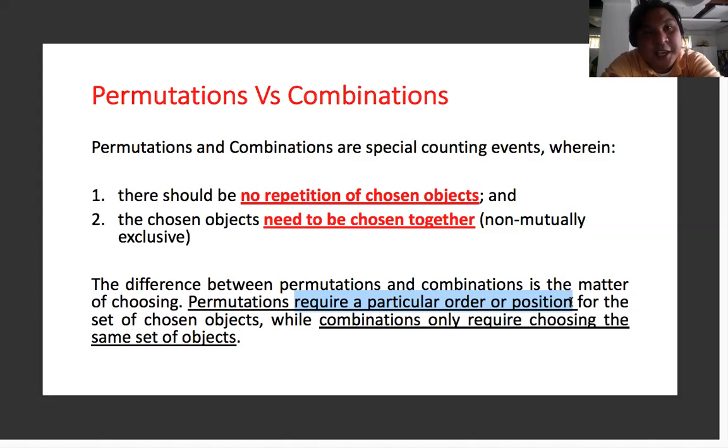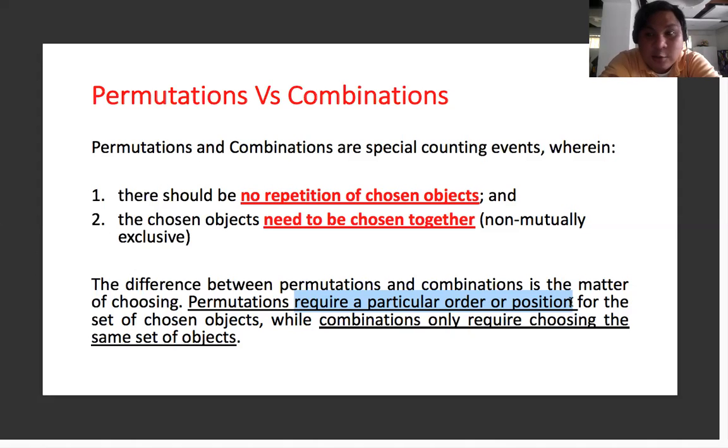For example, let's say in group 1, you have persons A, B, and C. It doesn't matter whether the teacher chose person B first before A or C, as long as the group is made up of people A, B, and C, right? This is how permutations and combinations differ. Permutations require a particular arrangement; order is important. Combinations, on the other hand, only require the set of people or objects chosen. Doesn't matter which was chosen first.